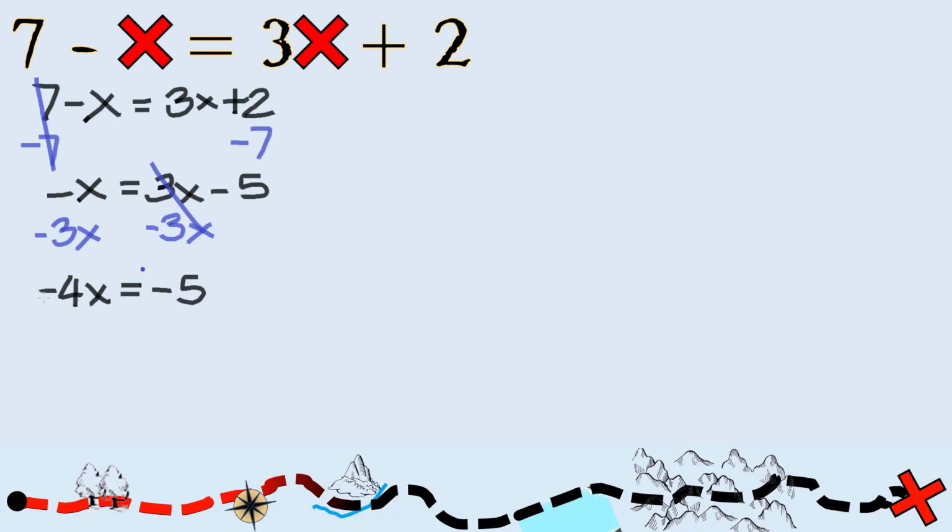And when you divide both sides by negative 4 to make this 1, doing the same thing on the other side, you will have the result for your unknown, which is equal to the ratio, which is positive now. Negative divided by negative is positive, 5/4. Of course, we will accept fractional results here.